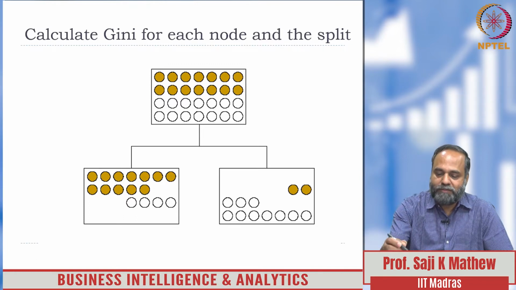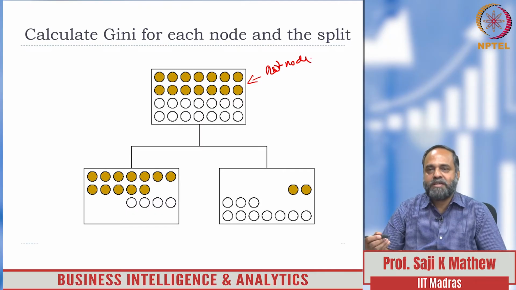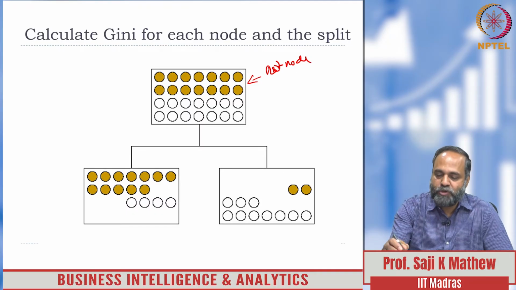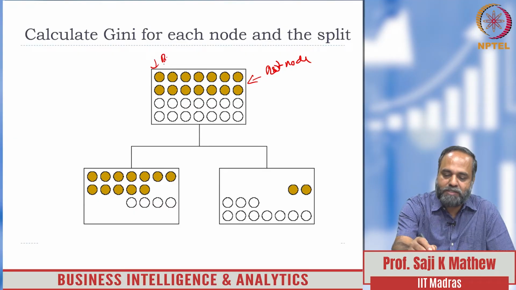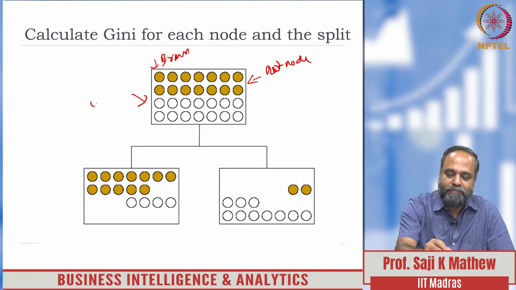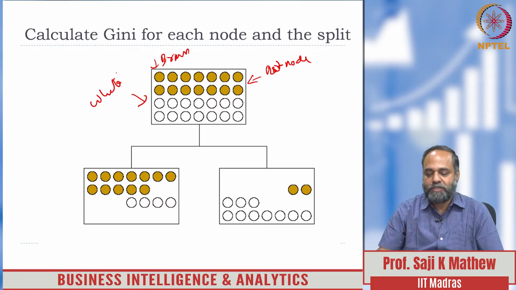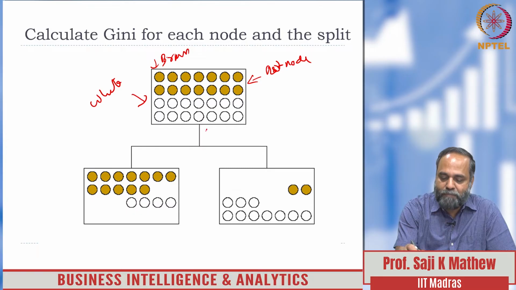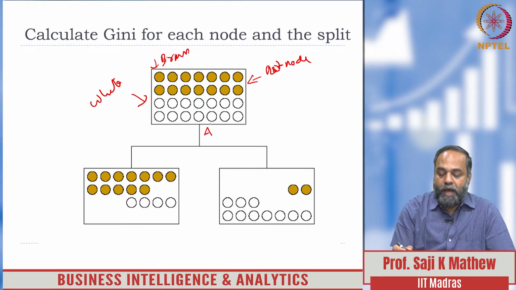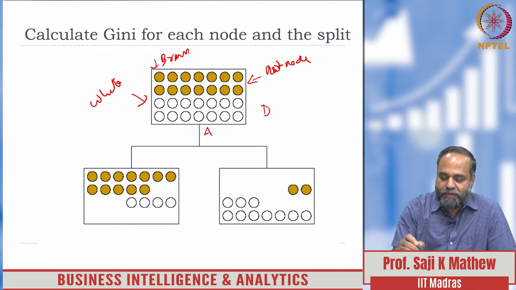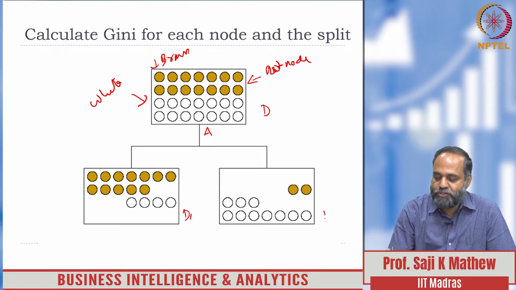So here you can see it's a binary split, there is a root node, and what is visualized is the two values of the target variable. So you have the brown class and the white class, or the white circles and the brown circles, and it is split based on some attribute A. Let us imagine it is some attribute A and some condition based on attribute A. And so let us say this is D and this is D1 and this is D2.